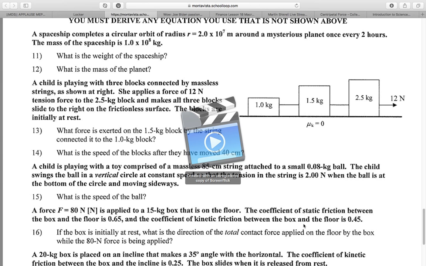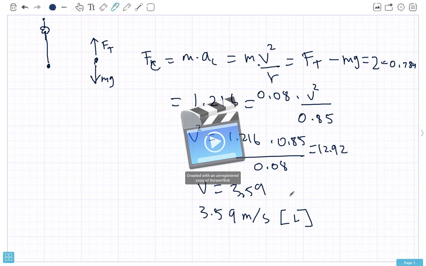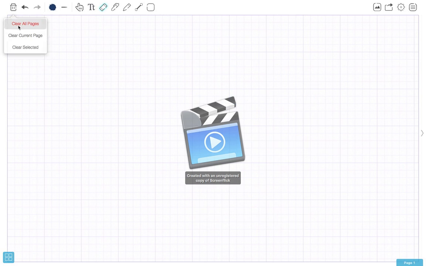It doesn't really say. We'll say left. Oh wait, sorry, it's a speed. Speed is magnitude, so that's all you have to find: 3.59 meters per second. That's our answer, because that's the magnitude of velocity, which is speed. So again, another pretty simple problem, as usual, everything based off F equals ma.